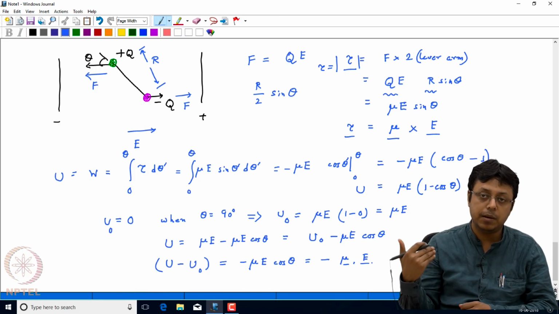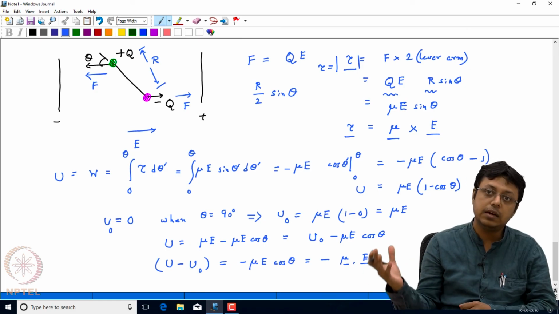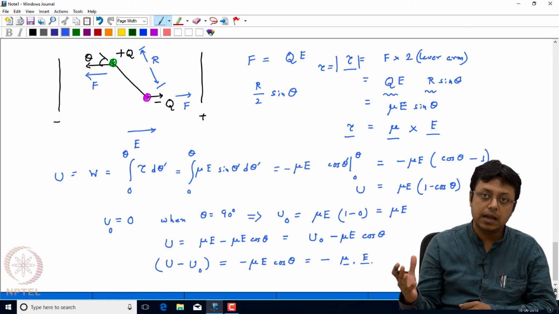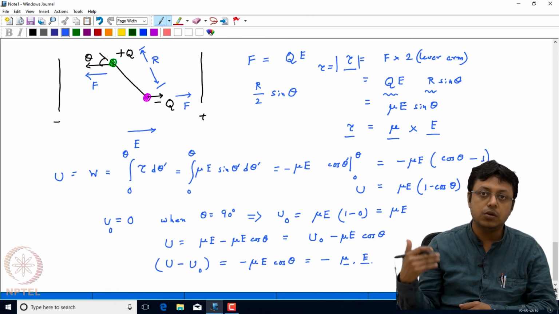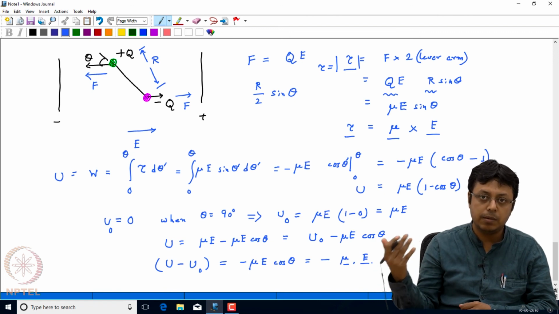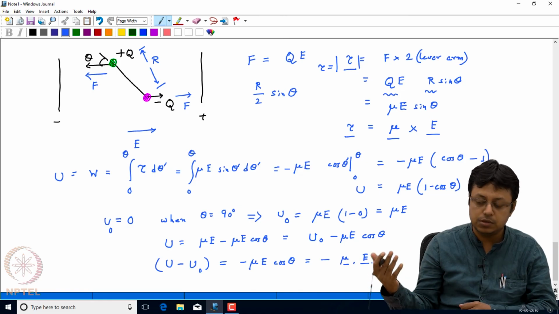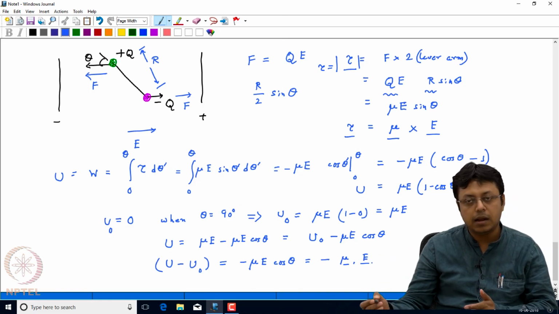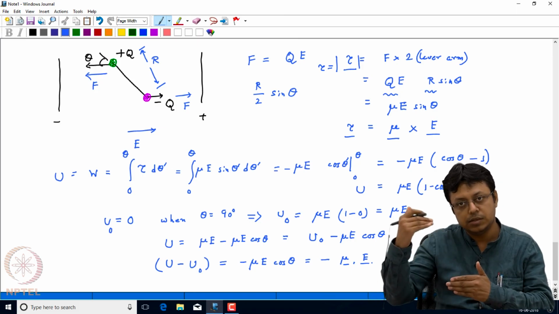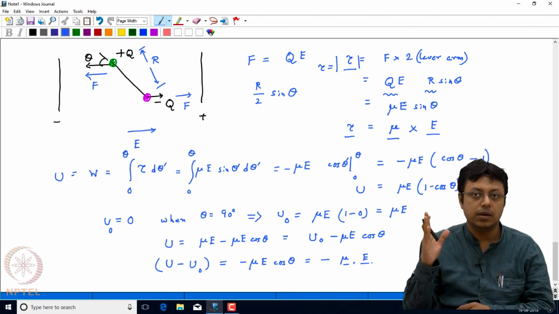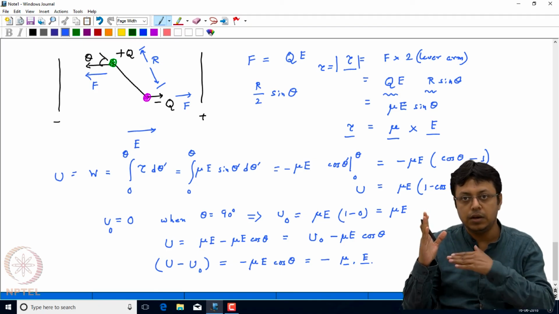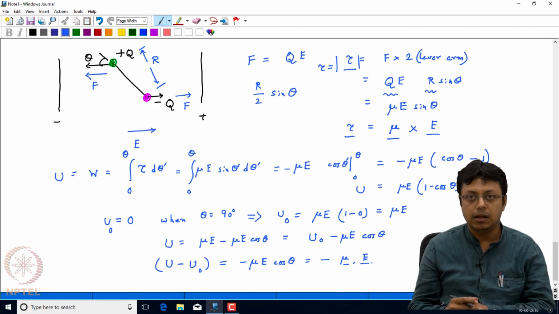Even if the dipole moment is permanent, when the electric field is applied, there can be an induced part also in addition to the permanent, and for those atoms or molecules which do not have a permanent dipole moment, it is all induced. So, we will get a definition of the energy stored with respect to a zero potential. Again, the zero potential was chosen as the configuration where the dipole is oriented perpendicular to the applied electric field, as minus mu dot E.